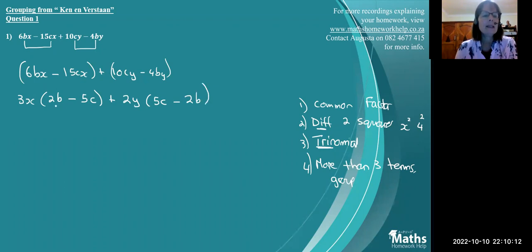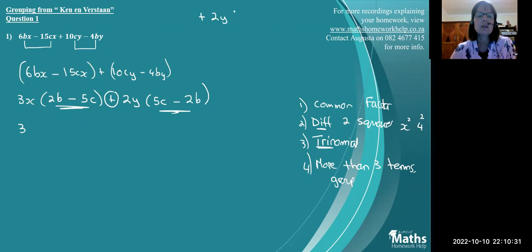So now we nearly sit with a common bracket, but the order is still not correct. In order to swap around a bracket with a negative in, you just change the sign. Let me show you. So if that is plus 2y, now I want to change around the order. I'm going to divide with a negative.